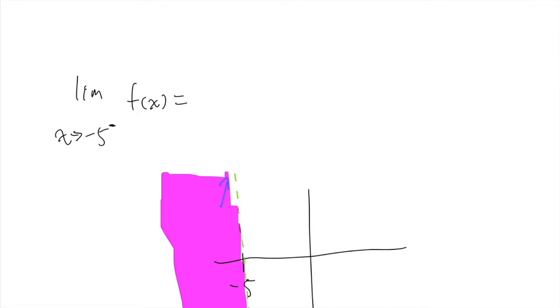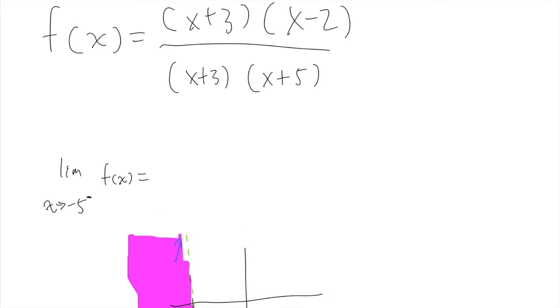Where if we get a negative answer, it'll go infinitely downwards. So what we really have to do is just mimic plugging in a really close value. And what I mean by that is we don't have to solve for this. We can just kind of think about it.